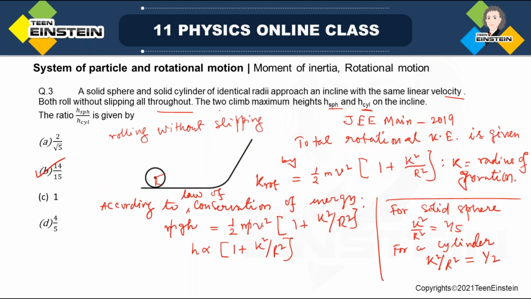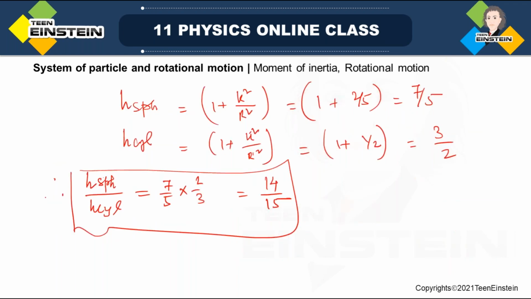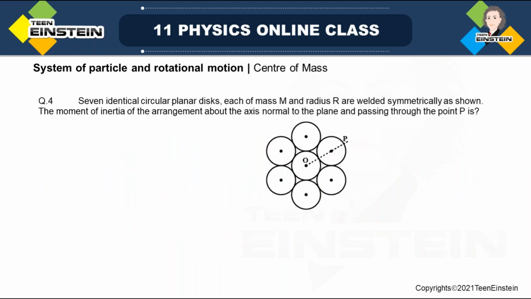Now we'll move on to another problem. So this is also a very interesting problem. Let us get the options of the answers. Okay, so look here. The first option is 181 by 2 m r square.